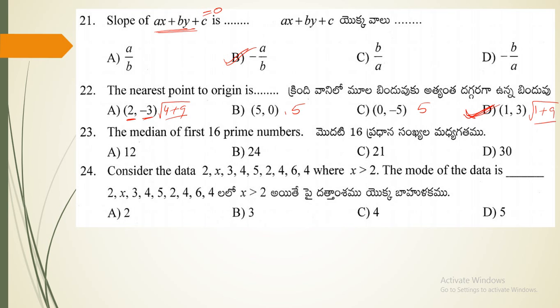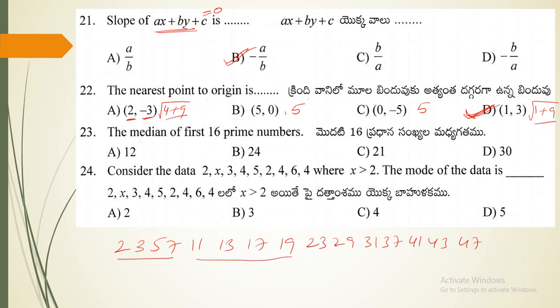The median of first 16 prime numbers. So what are the first 16 prime numbers? 2, 3, 5, 7, 11, 13, 17, 19. So how many did you get? 8. Next, 23, 29, 31, 37, 41, 43, 47, 53, 59.